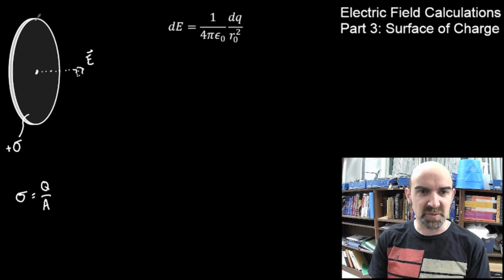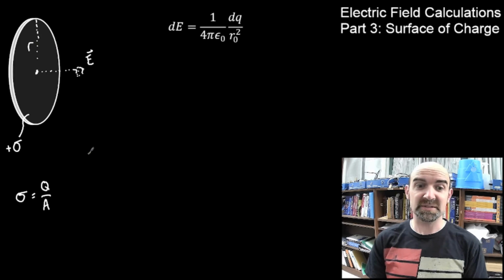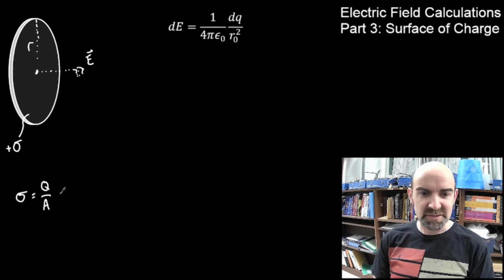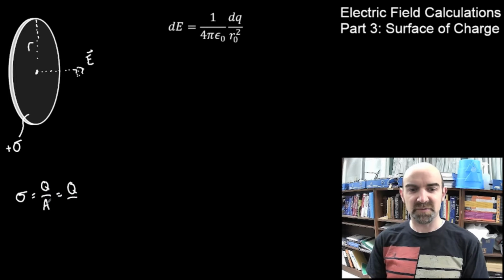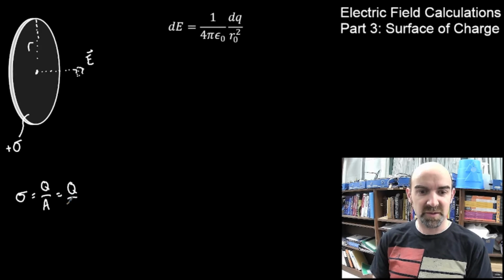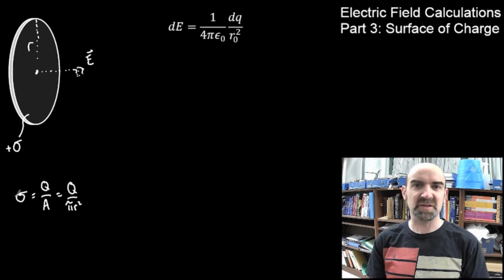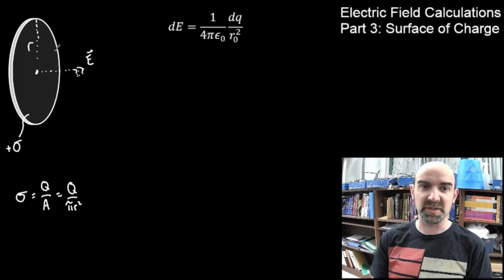So we should give some dimensions to it. I'll give an indication that this is the radius, and if that's the radius, then the area of that circle is pi r squared. So I'm going to use pi r squared. That gives you an idea what sigma is going to be, and we're going to come back to that shortly.